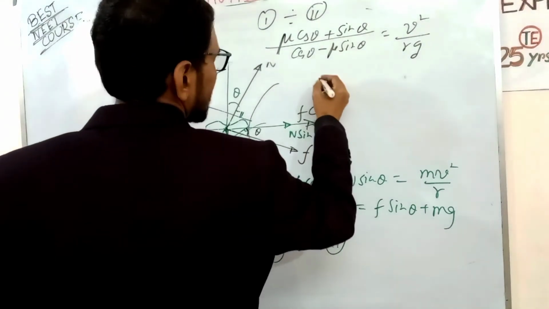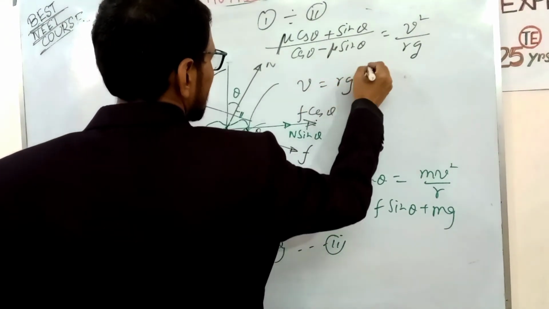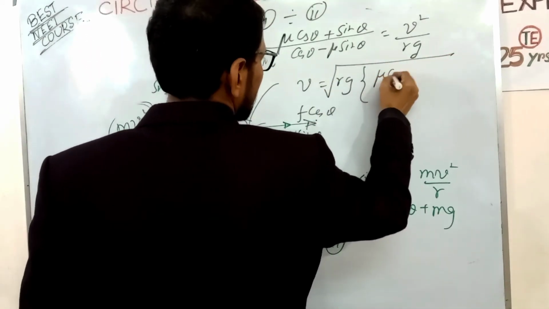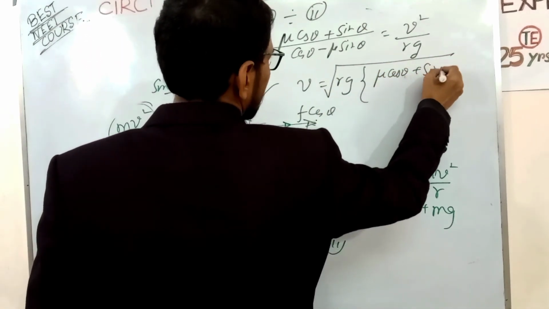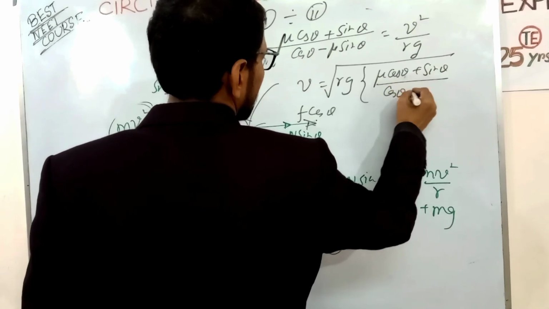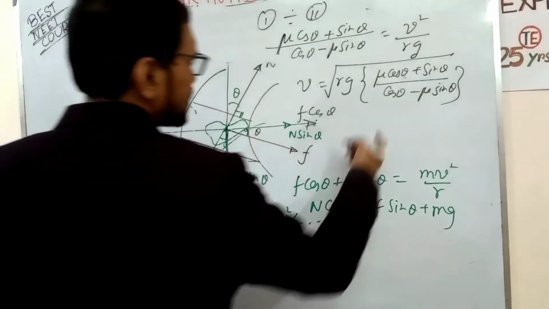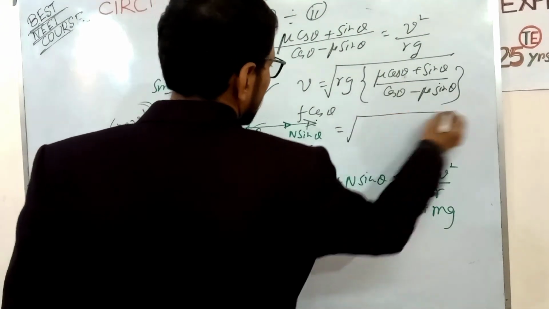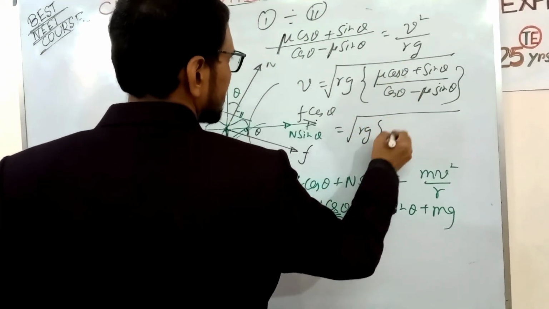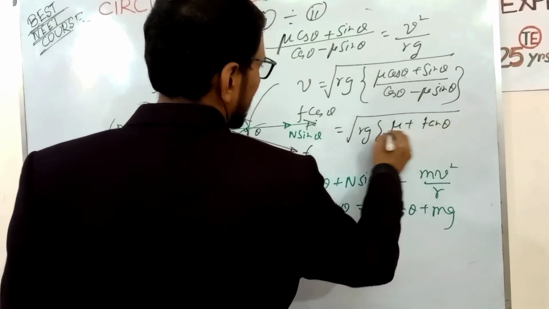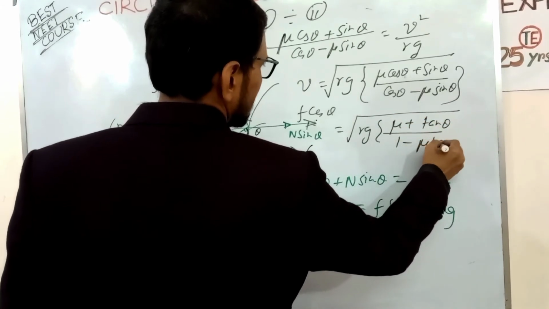So v equals root of rg times this. Now if we divide cos theta in numerator and denominator, we get mu plus tan theta by 1 minus mu tan theta.